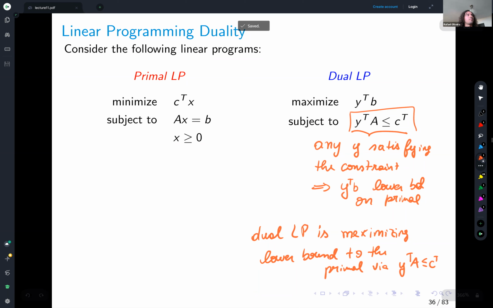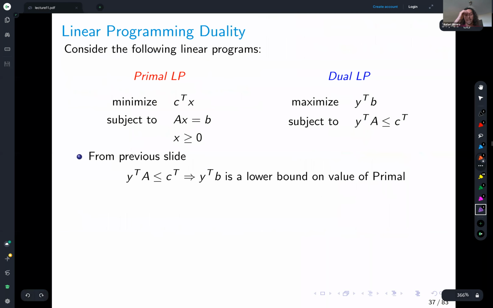Does that make sense? So to each linear program that we have, there is a dual linear program that we can obtain, where the optimum of the dual is a lower bound on the optimum of the primal, and vice versa. Great.